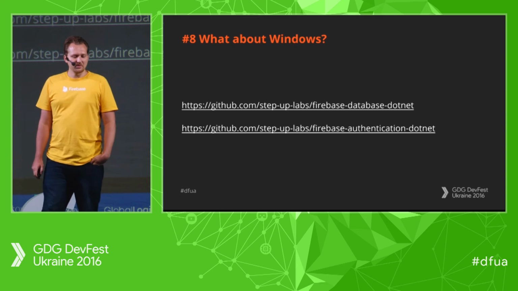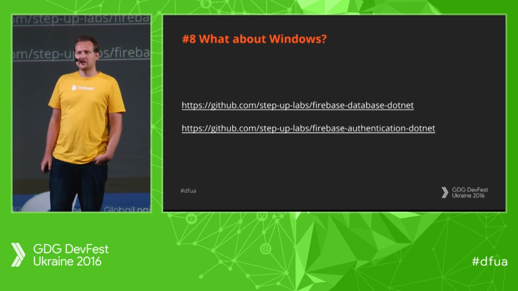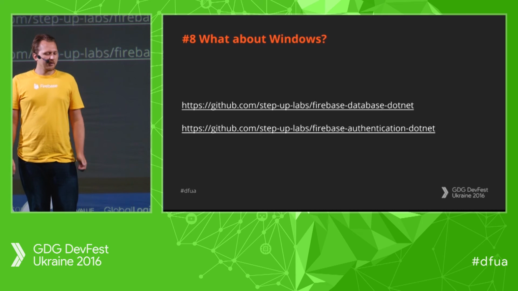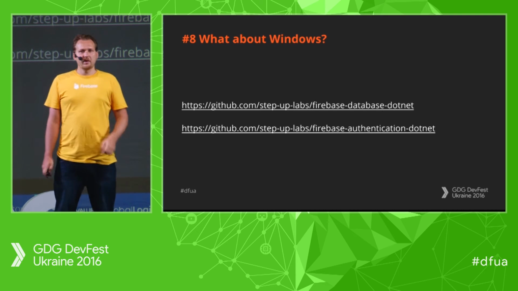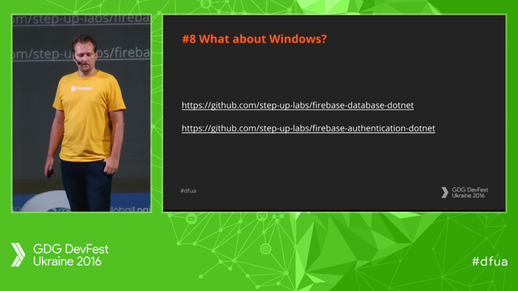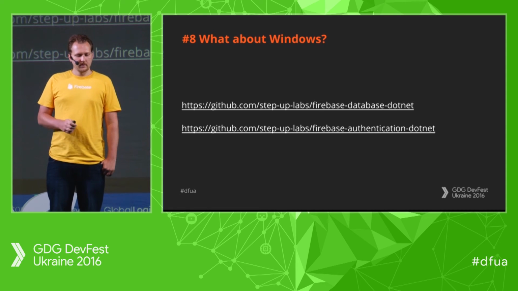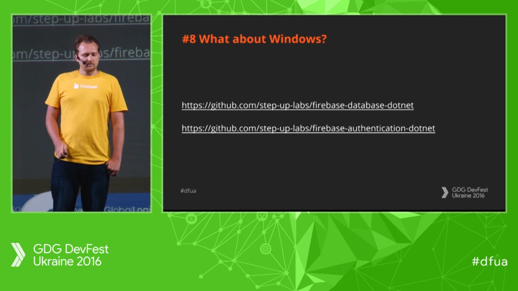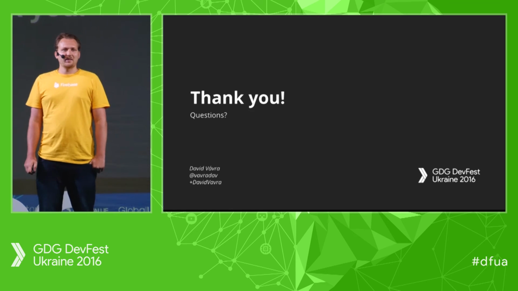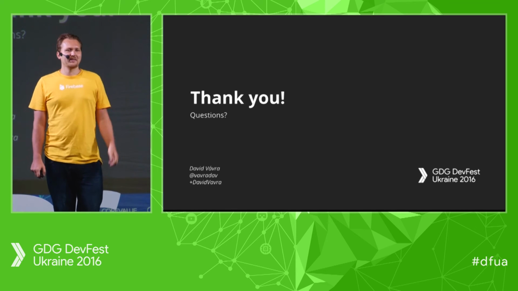If you plan to use Firebase database or Firebase authentication, those are the main building blocks. In .NET, you can use our library, and we will be grateful for some contributions as well. So that's all the tips. Thank you, and I will take some questions now.